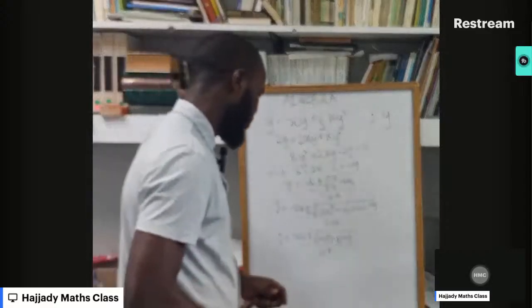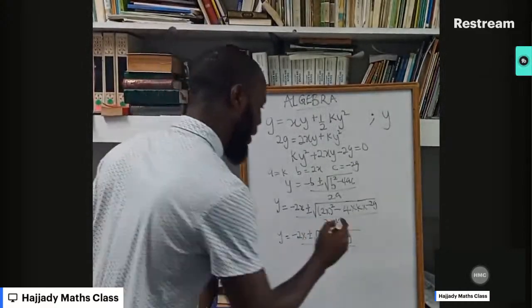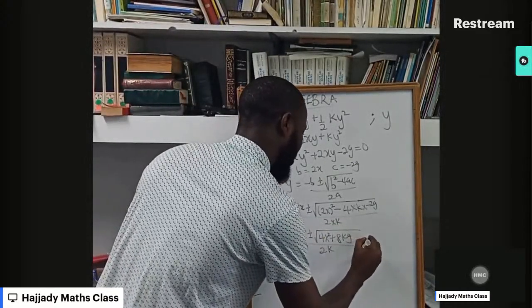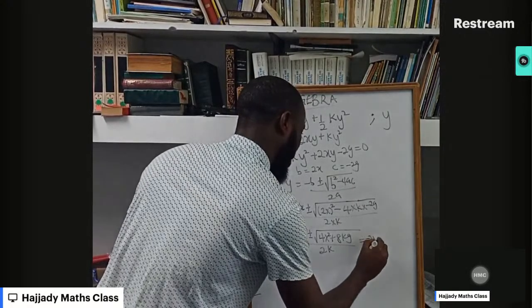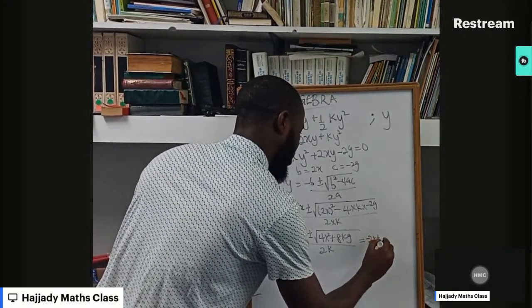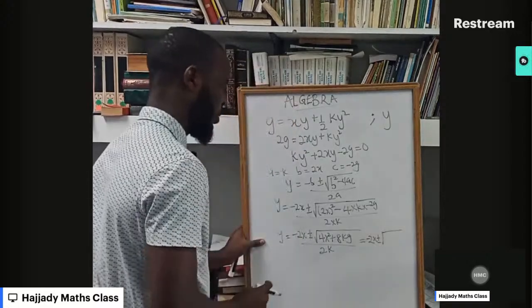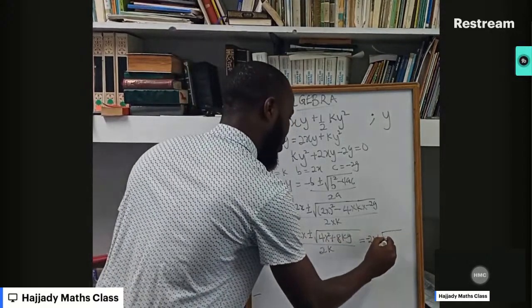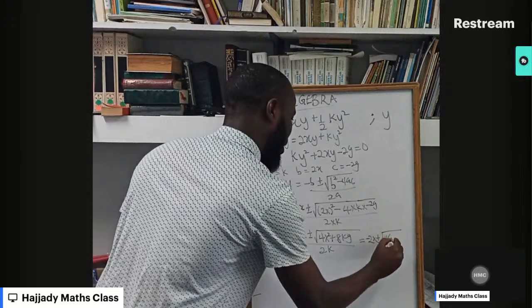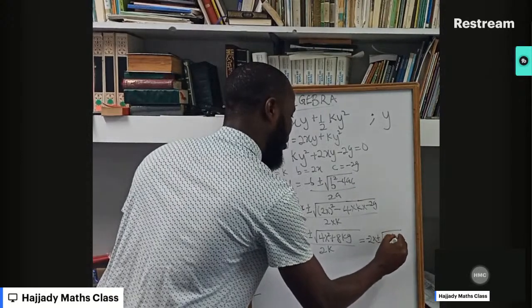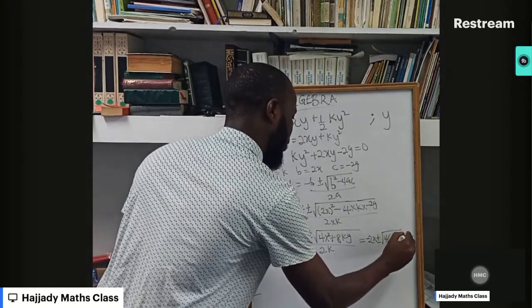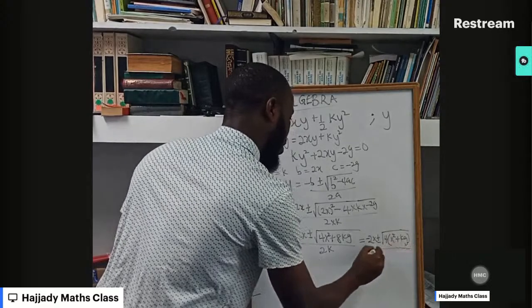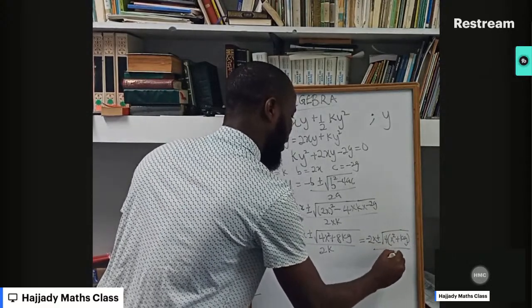So, simplifying this further, here I can have this to be negative 2x plus or minus root. Factorizing 4 out here, I will be left with x squared plus kg all over 2k.